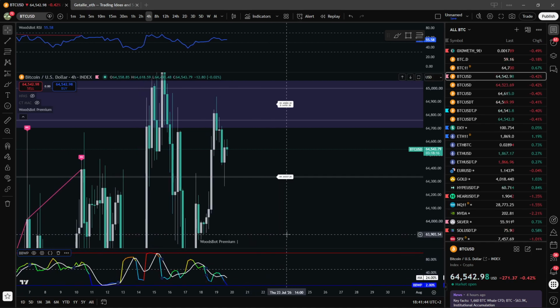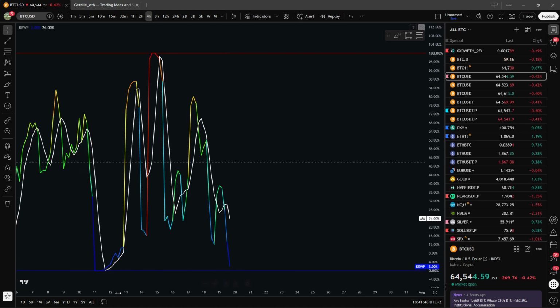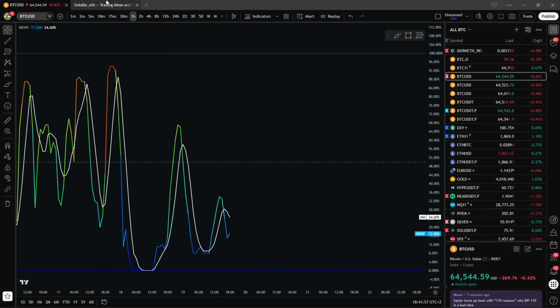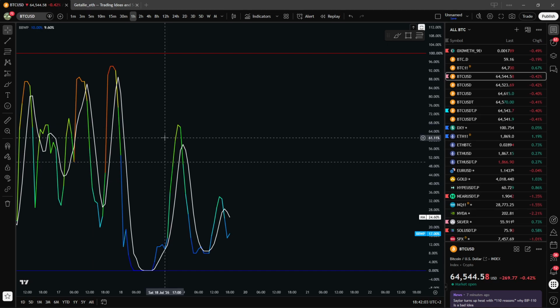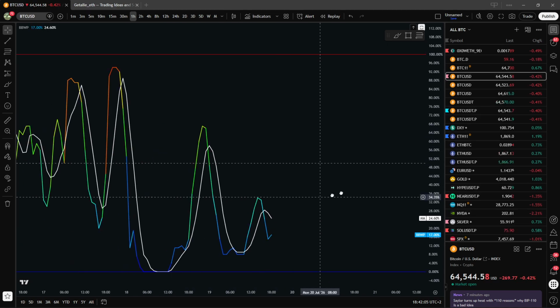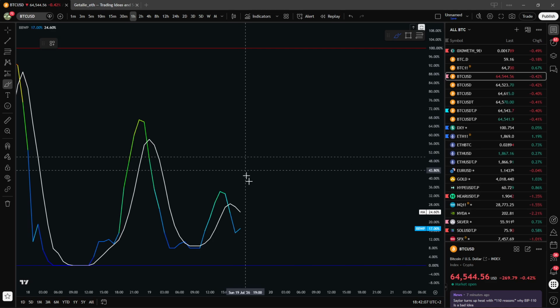It's hard to trust a breakout when volatility is dead, right? If volatility is increasing and you have momentum to the upside, then a breakout can happen. But right now, the only time frame where volatility is increasing is on the 1 hour. But again, it's also not above the moving average right here.